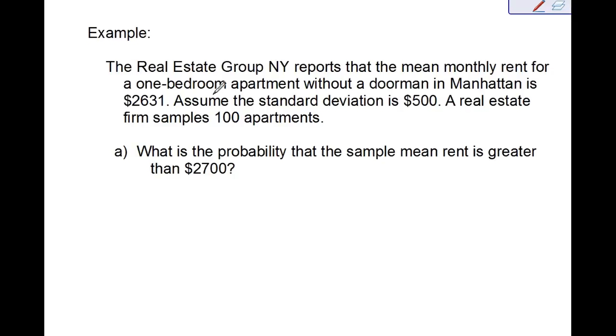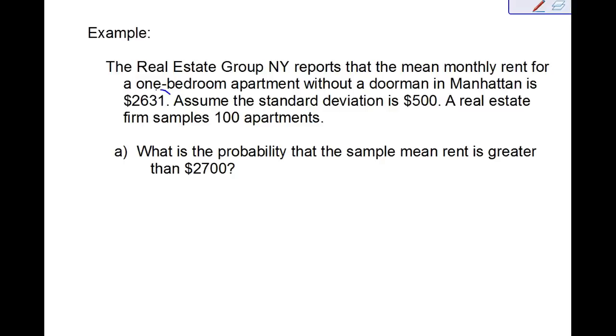Let's look at an example of this. The real estate group NY reports that the mean monthly rent for a one-bedroom apartment without a doorman in Manhattan is $2,631. Assume that the standard deviation is 500. A real estate firm samples 100 apartments.